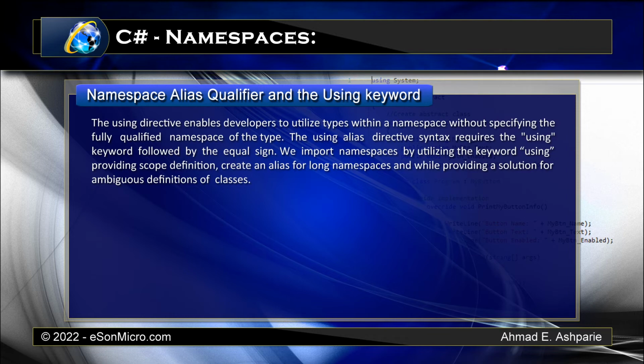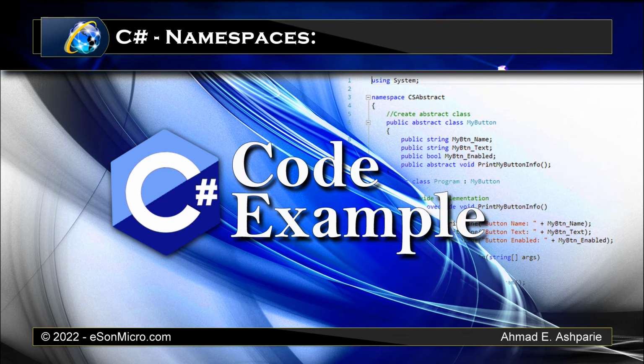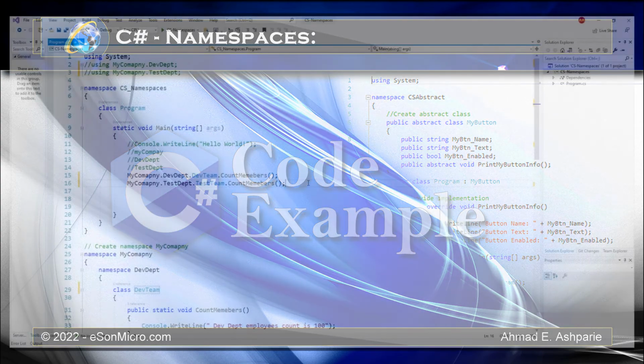We import namespaces by utilizing the keyword using, providing scope, definition, creating an alias for long namespaces, and providing a solution for ambiguous definitions of classes. Now, let's go to Visual Studio to see some examples.